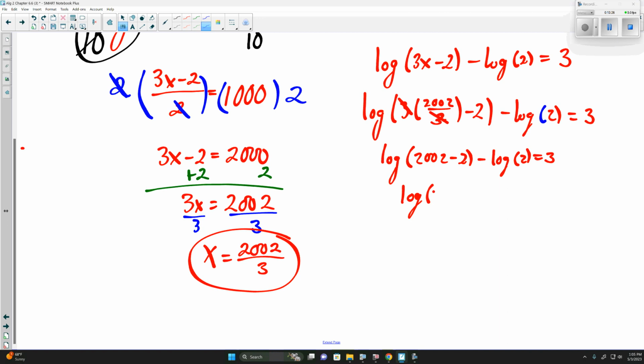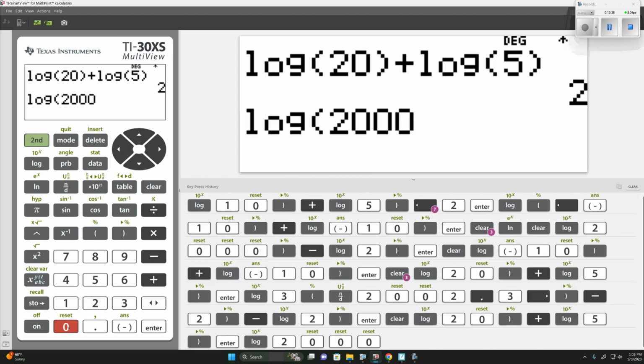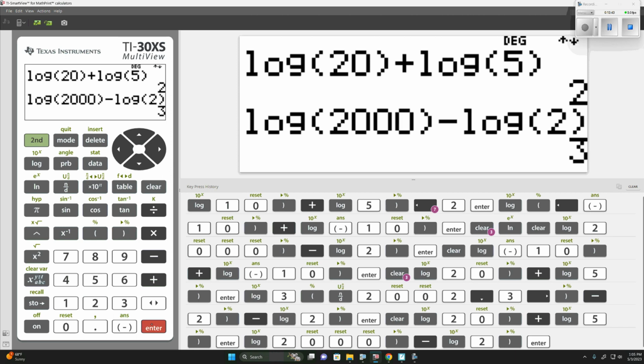Really, we have log of 2000 minus log of 2 is equal to 3. Now we can plug this into a calculator. I can say log of 2000 minus log of 2, enter, we get 3.